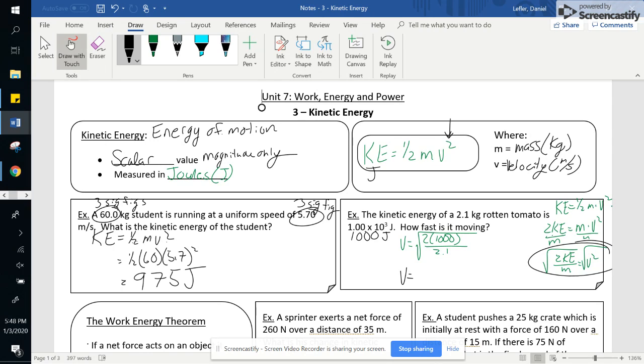So what you end up getting for your velocity here, and we need two significant figures because of the 2.1 here, is 31 meters per second. That's how fast it's moving. So there's our answer.